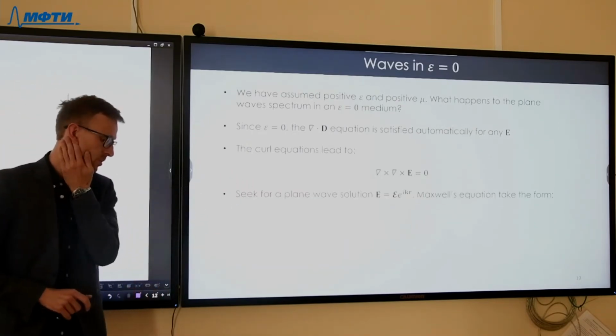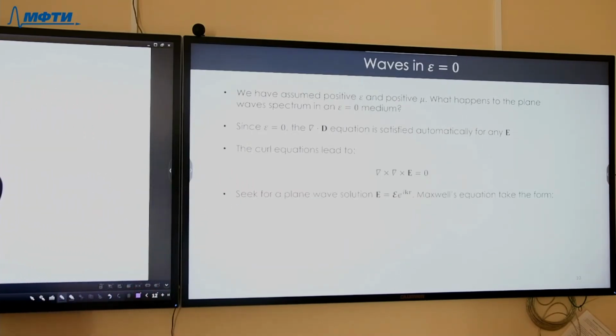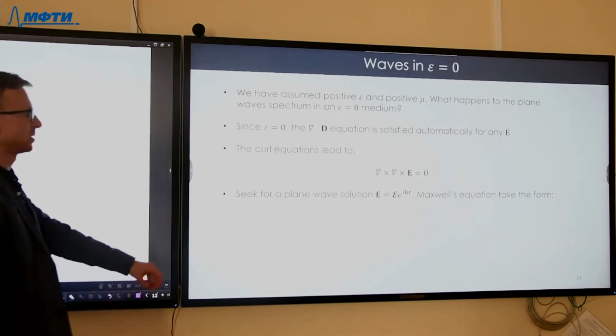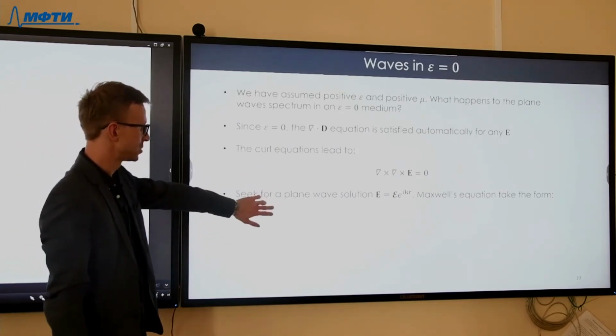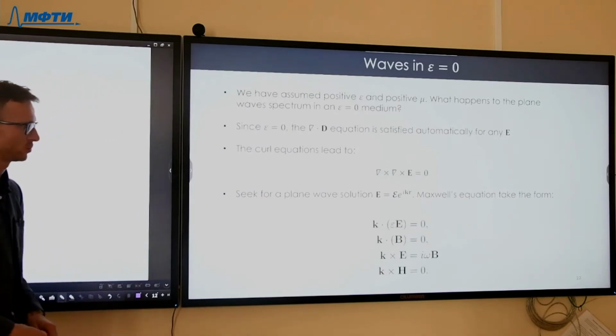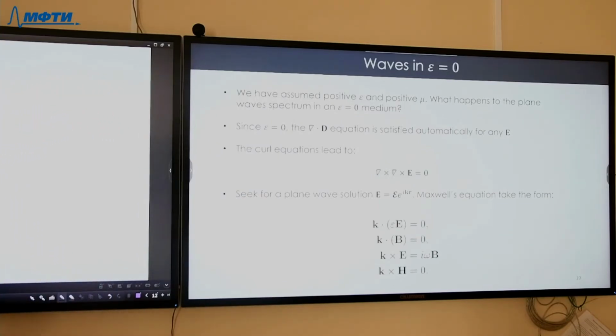Let's now use the following ansatz for our solution. We're going to look for a solution in the same plane wave-like form. We're going to substitute the electric field with some polarization vector multiplied by the phase factor e to the i k r. So Maxwell's equations then turn to this. You can think of this as the spatial Fourier transform of the Maxwell equation.